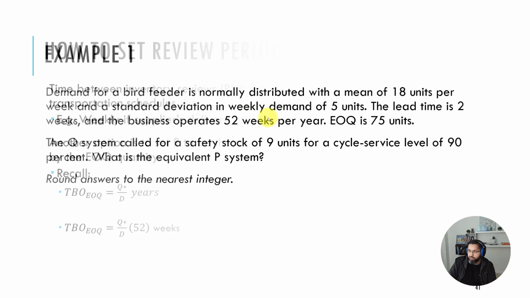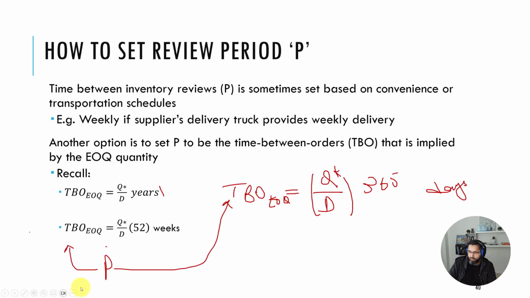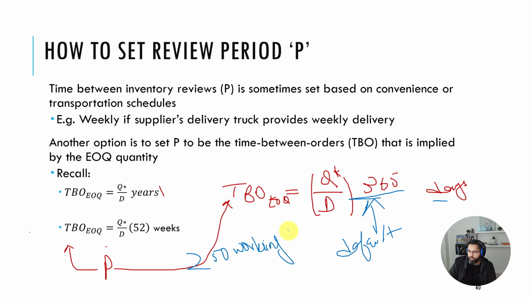Oh, by the way, I want to say something here: you multiply by 365 days by default. But if the question says something like 250 working days in a year, then because you don't work on the off days, you can't place orders on the off days, you may want to use this to calculate P in working days.